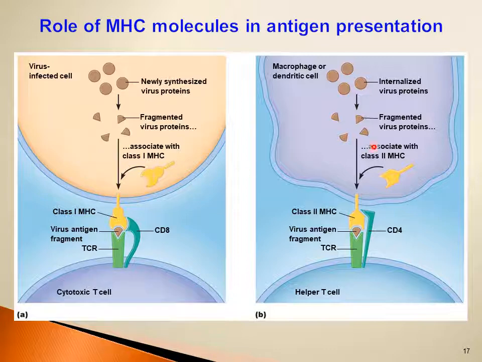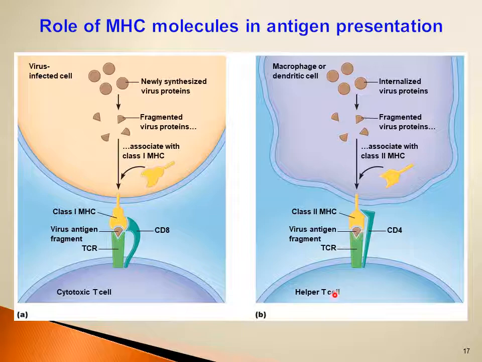Here is the other example on the right side of the slide: a macrophage or dendritic cell, which is an antigen presenting cell that has the class 2 MHC. So if we have a virus or bacterium that was ingested during phagocytosis, the antigen was extracted, fragmented, then bound to the class II MHC and presented on the surface of the antigen presenting cell.